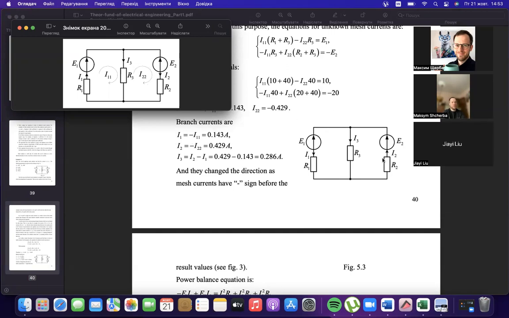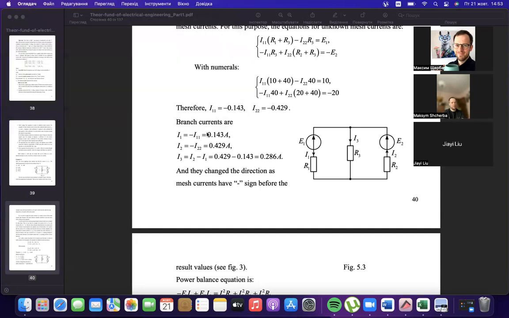Then I22 is also opposite with minus, and the central branch equals the first mesh current minus the second mesh current. And we obtain positive currents in milliamperes: 133, 429, and 286.